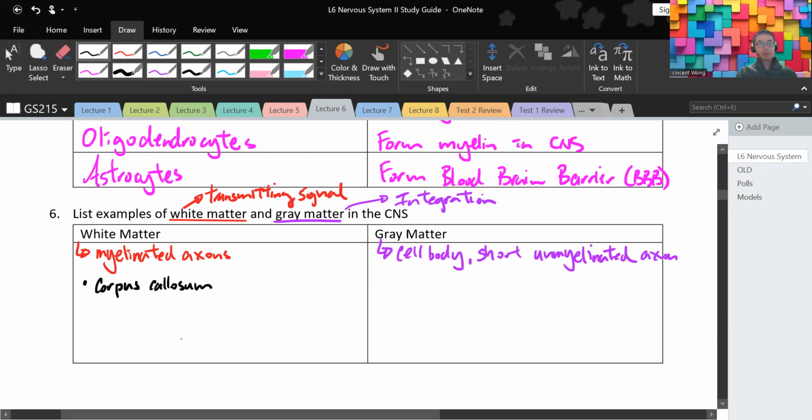That's the white matter. It allows communication between the two halves of the brain, the two hemispheres. Another example of white matter would be the ascending and descending tracts in the spinal cord.